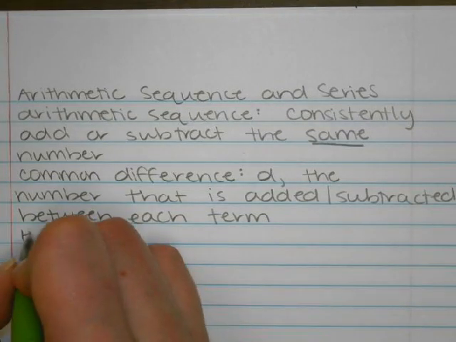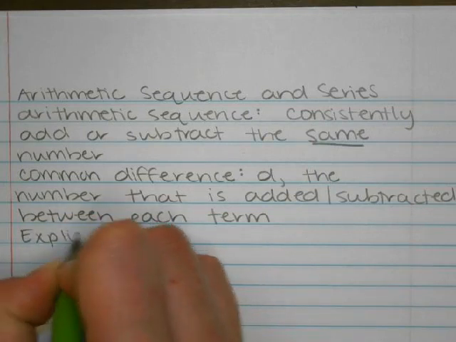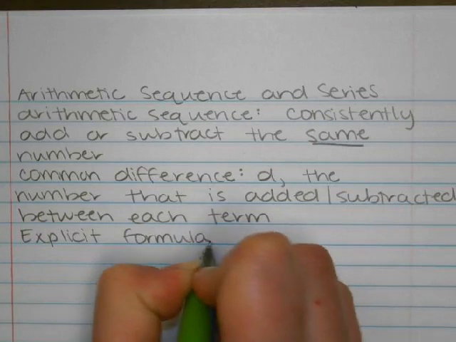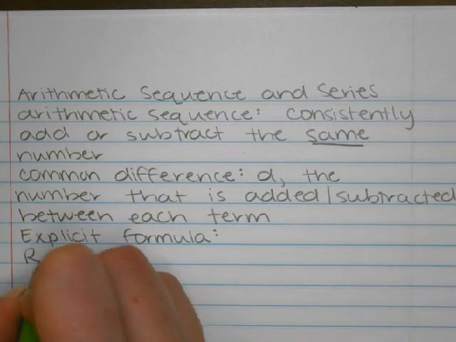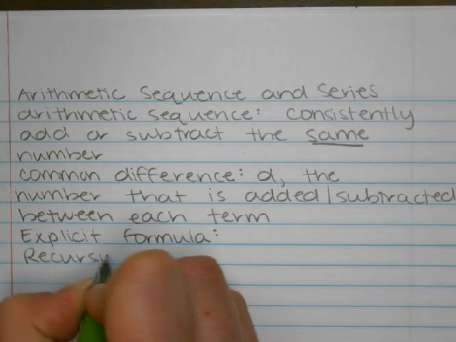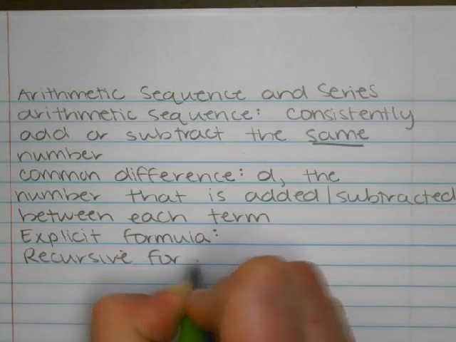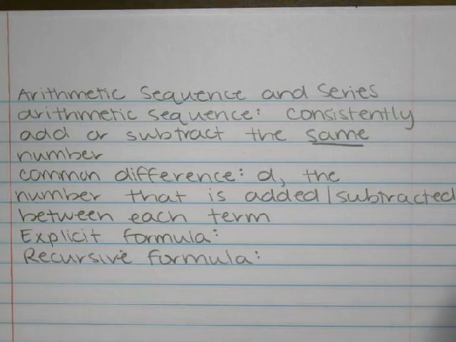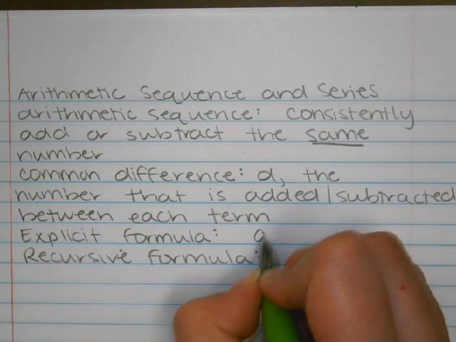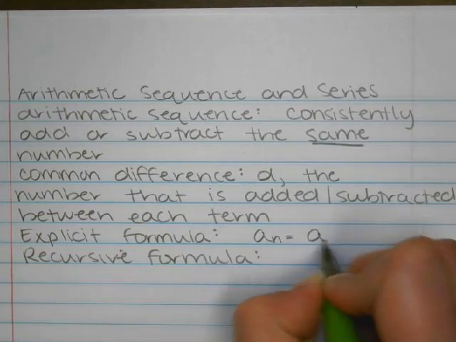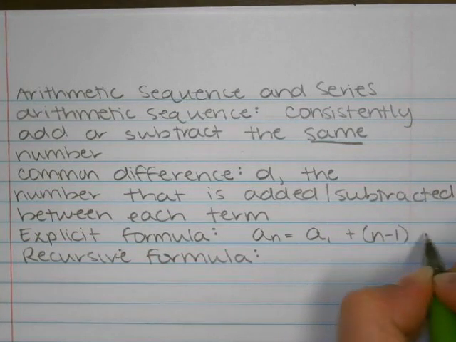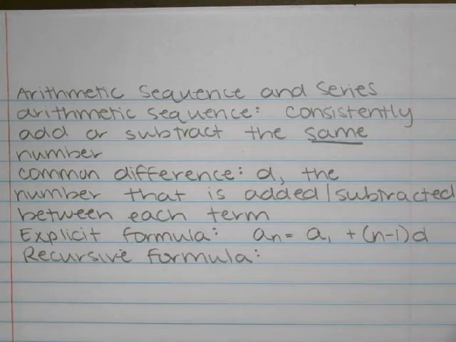Again, we have the two types of formulas. We have explicit formulas and we have recursive formulas. So the explicit formula for an arithmetic sequence is a sub n equals the first term plus n minus 1 times the common difference.